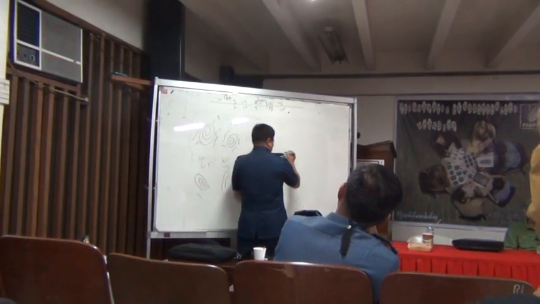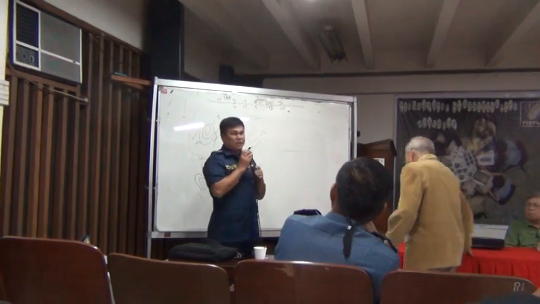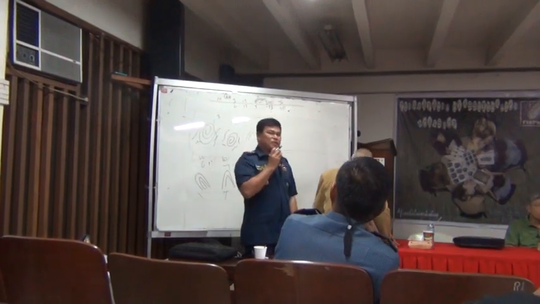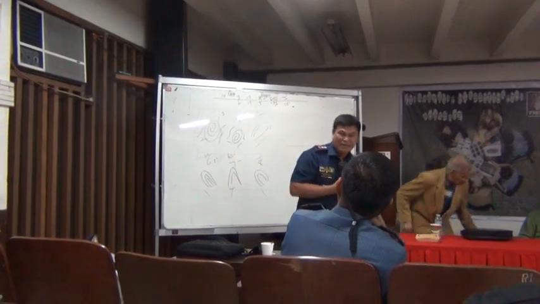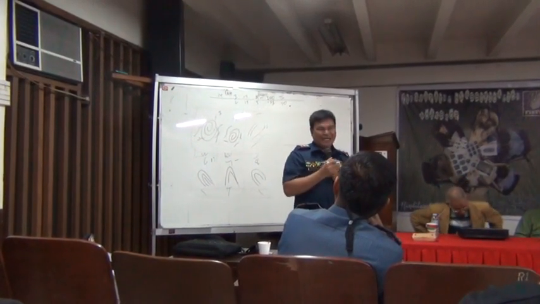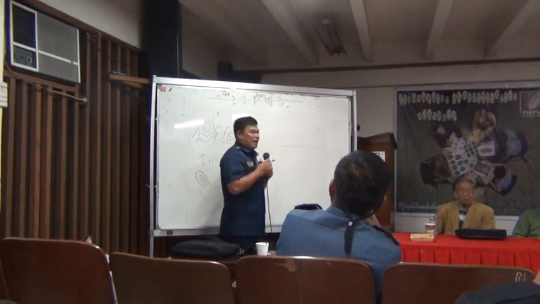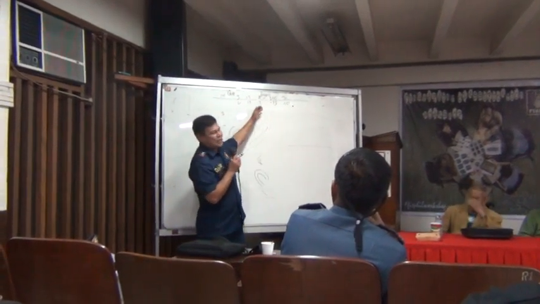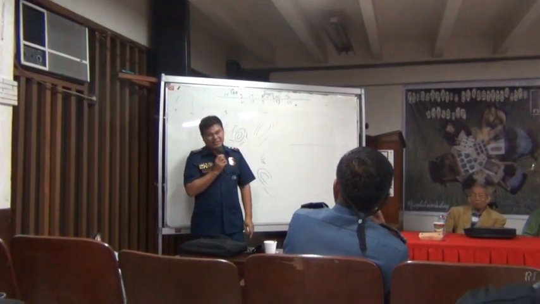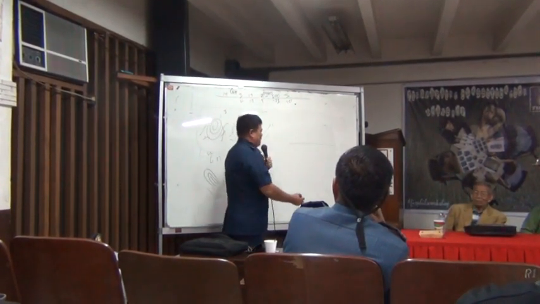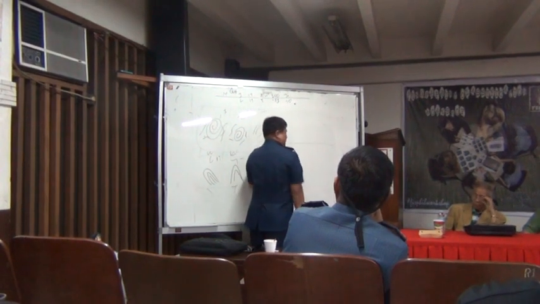Okay. So, bibigyan ko po kayo ng example na ang sinasabi ko po is, if possible, lagyan nyo na yung ibaba. Total, parehas din lang naman, ano po? Lagyan na. Okay. Bakit po? Uulitin ko po anong purpose ng classification, that is the filing system. So, saan tayo nag-uumpisa sa filing system?